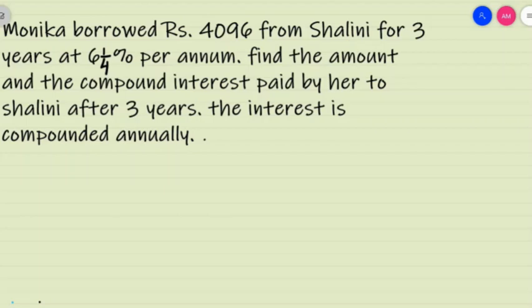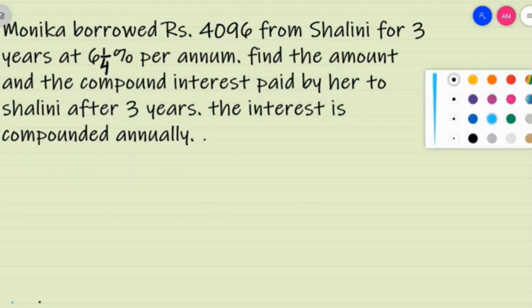The only difference is here the rate is given as a mixed number. So you have to understand how to calculate while you are using the rate as a mixed number. So as you all know, I am proceeding forward with this question.